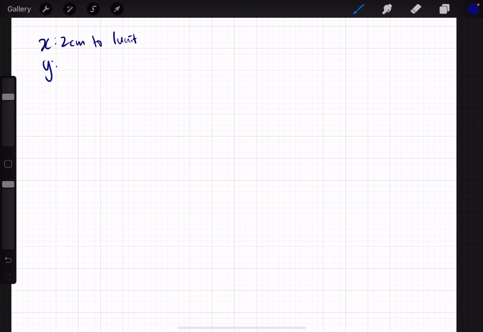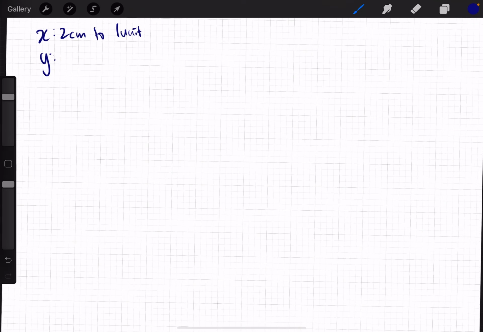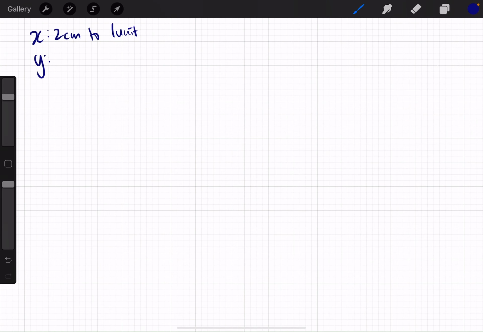So assume that every big box here that I see is 2 cm. Here, you need to use a ruler to draw. Find a suitable space. Best preferred is somewhere near the center of the graph.